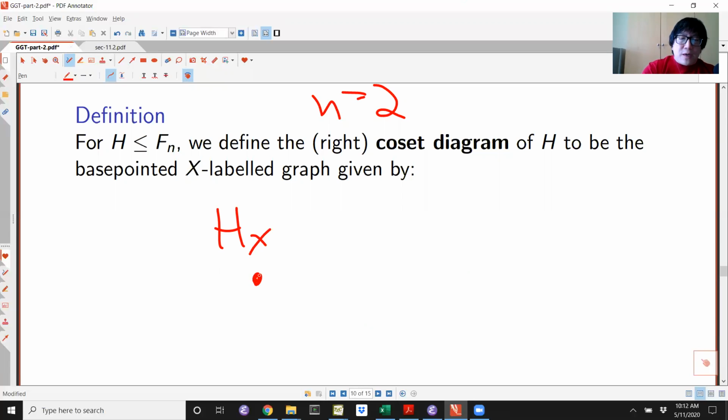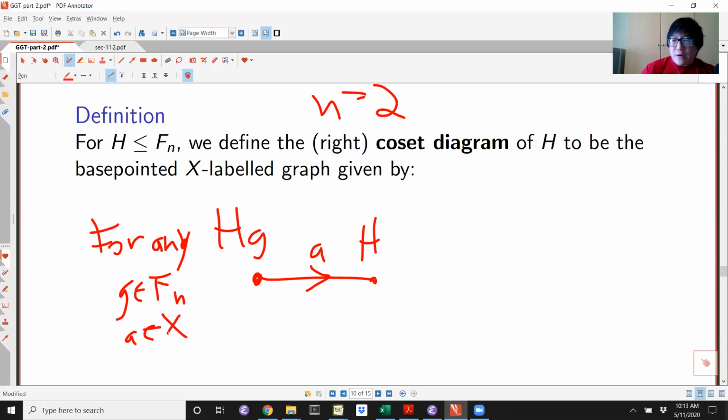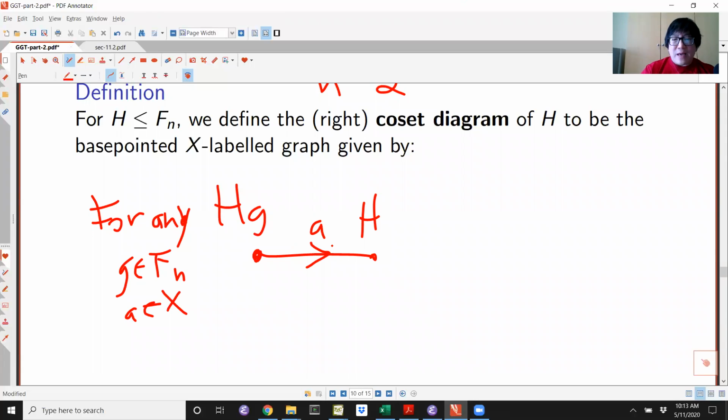If you have this edge labeled A, for any little g in Fn, if I have the coset Hg, there's always going to be some edge, for any letter of the alphabet, little a and big X, coming out of Hg.